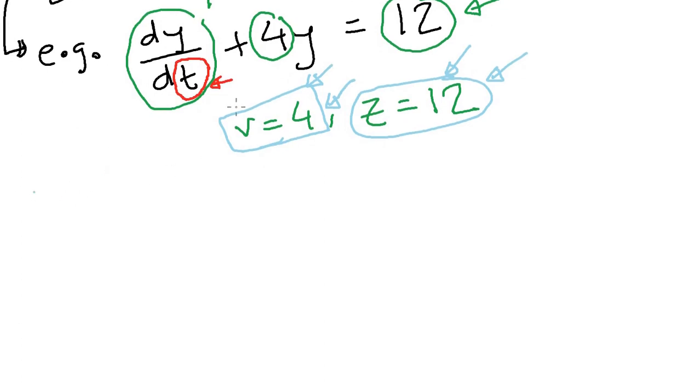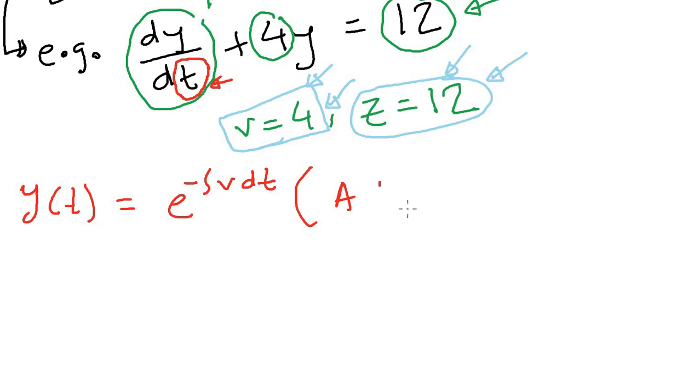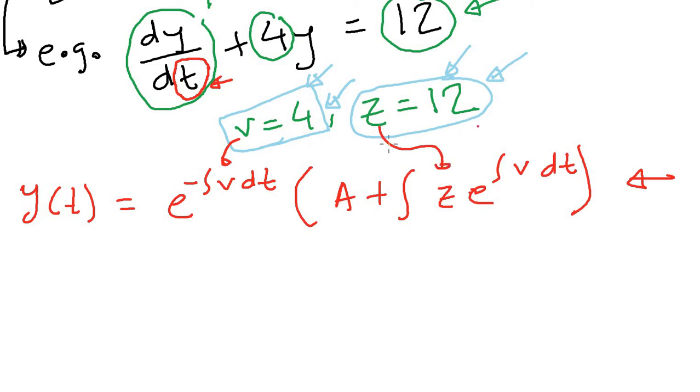So I think I should write the solution once again here. So remember, the solution is equal to... so this is the solution, and all you need to do is substitute v, substitute z, that's it, right?